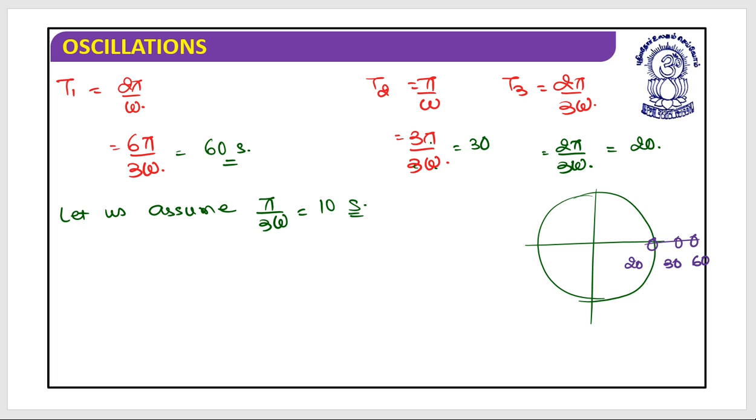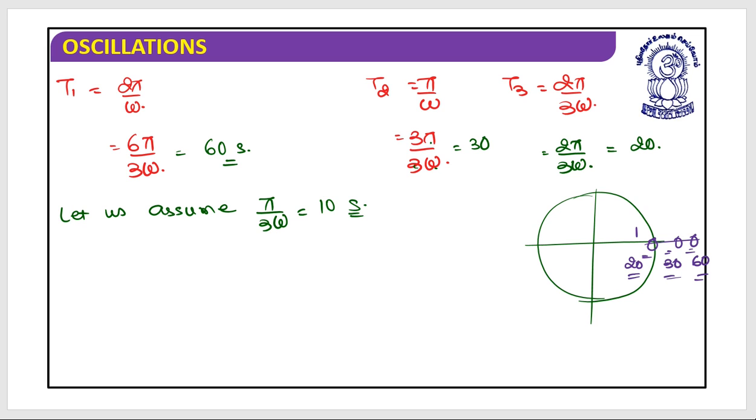So if they started their motion at the initial position, from this location, at time t equal to 0 simultaneously, then at what time will they all come back to this position itself? Individually they will be at that position at different times.